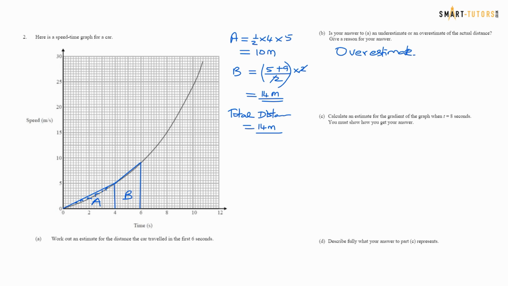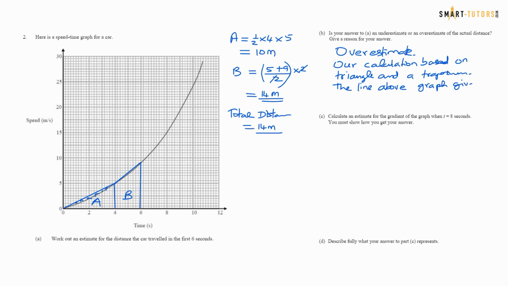So our calculation based on triangle and trapezium, the line above the graph gives additional area.